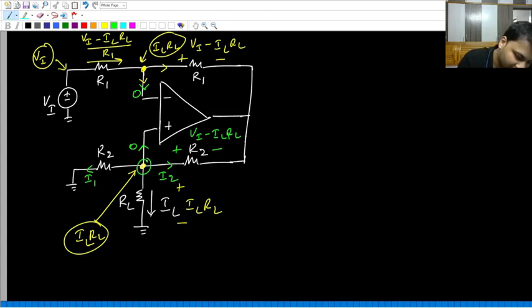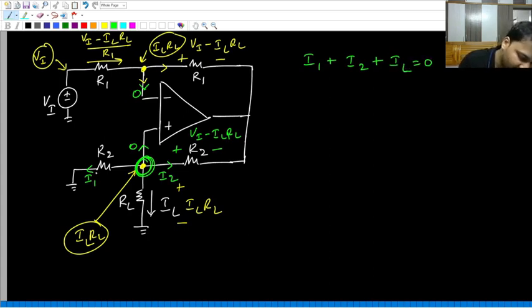At this point, I1 is flowing away from the node, IL is also flowing away, and I2 is flowing away, and no current is entering. Three currents are flowing away from the node, so the sum is 0. Writing KCL gives I1 plus I2 plus IL equal to 0.